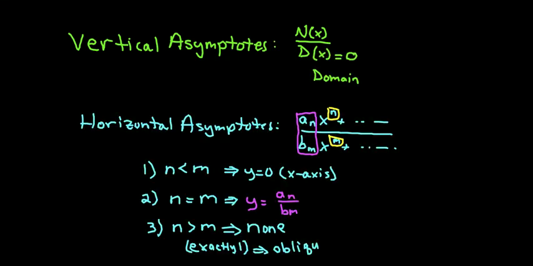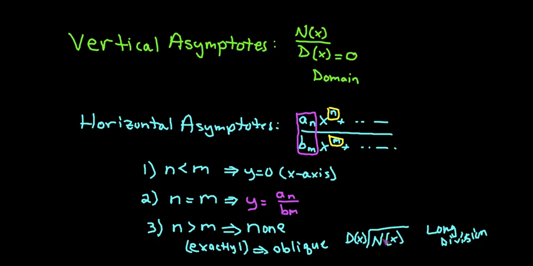And what I would do with my oblique asymptote, if this is true, I would take everything on top, that polynomial, divided by the bottom polynomial. And I would do long division. And we did some of that in an earlier video. So if that was the case, I would do the long division.